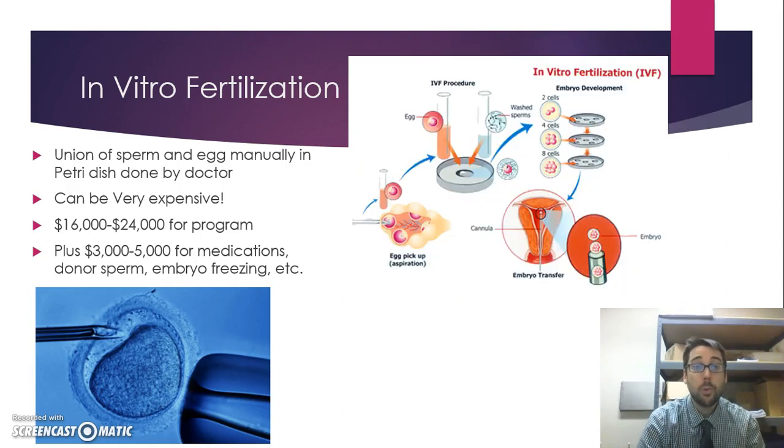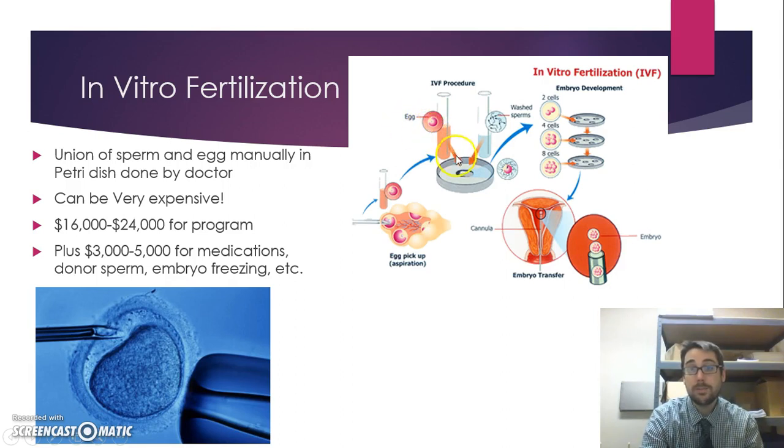Okay, so if we look here, we collect an egg and sperm cell from donors, whether it's themselves or a random donor that they pick from the list of people that are donors there.